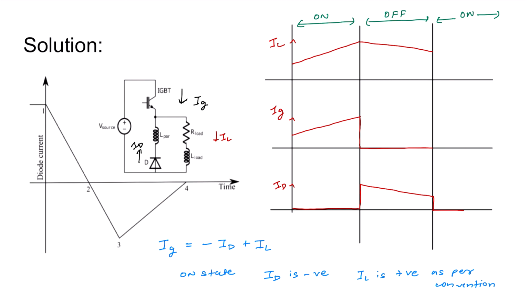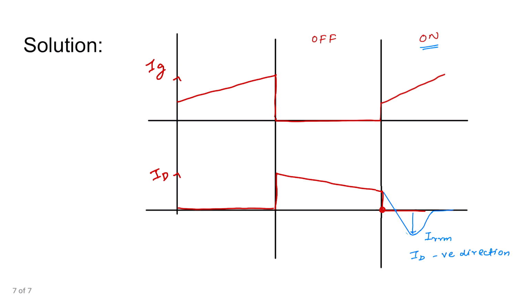So negative and negative becomes positive. So the net diode current is negatively added onto the load current, which is like this.